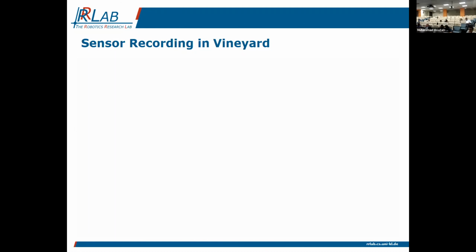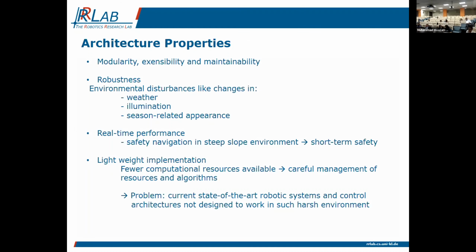This records, and yeah, now I will shortly give an overview of the needed properties of the architecture of the robot. Of course, it should be modular, extensible, and maintainable, because the robot is meant for supporting the farmer over the whole year. So modularity means that you can add different attachments to support the farmer in different working steps.